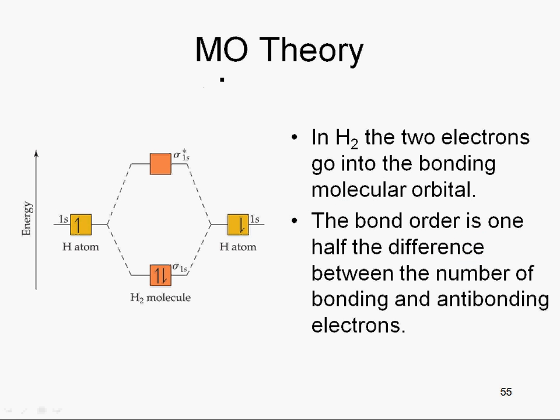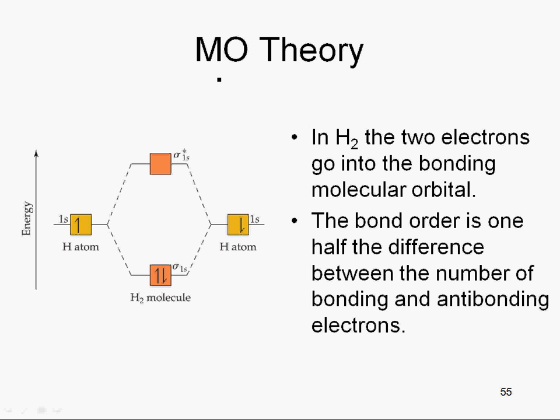Okay, and we're going to learn how to draw these diagrams. What we like to do is put the two atoms that are going to bond together on either side of this diagram, and you can put their electrons in before you start.